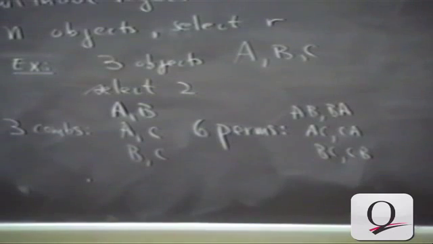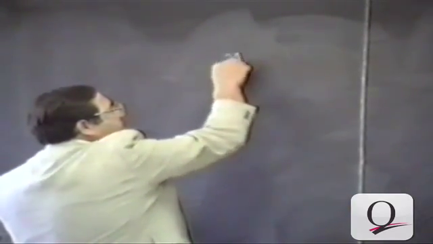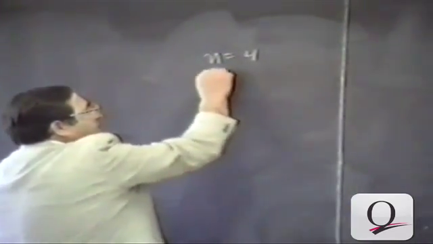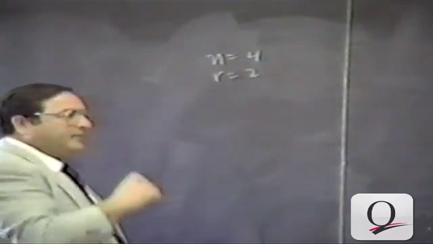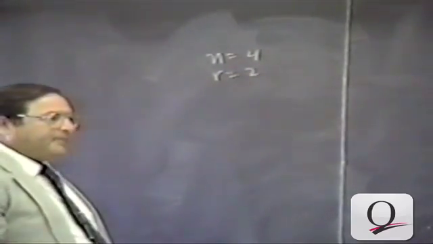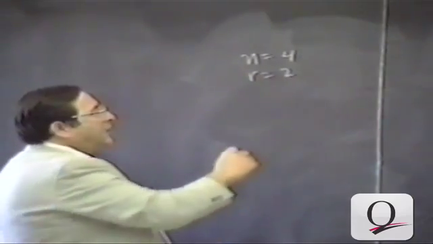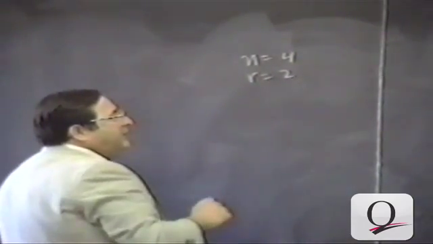Let's take another example. Suppose I had 4 objects, and let's say I choose 2. How many combinations do I have?